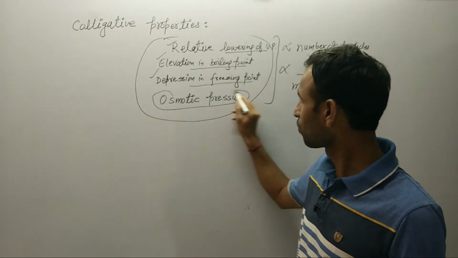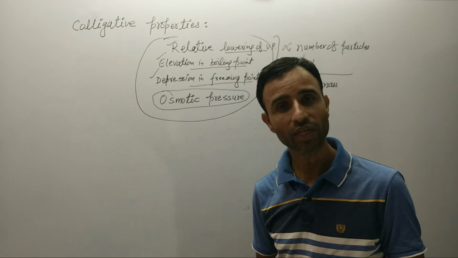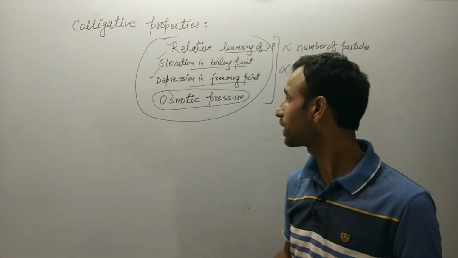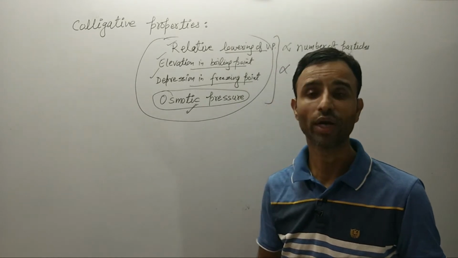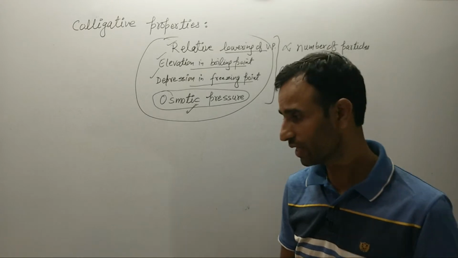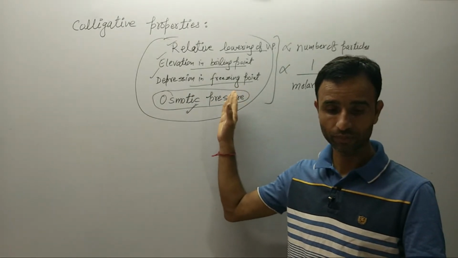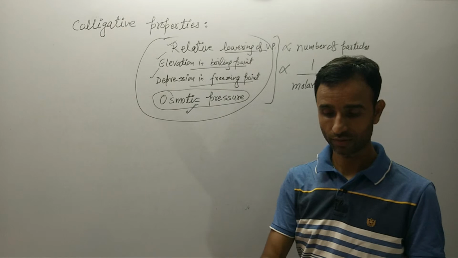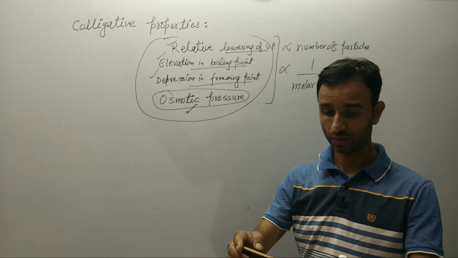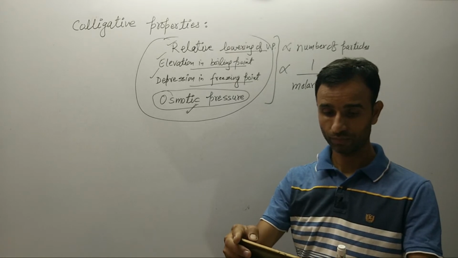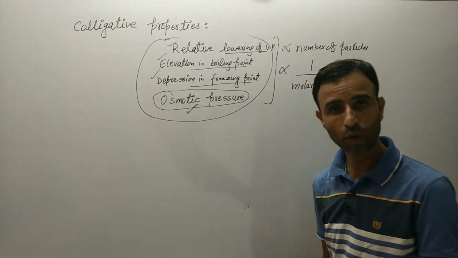Only osmotic pressure has an absolute value, and that is measurable even in case of colloidal solutions, and that's why it is used to determine the molar mass of colloidal particles. Got it? Yes beta, did you understand this point? This one. Okay, done. This is colligative property.